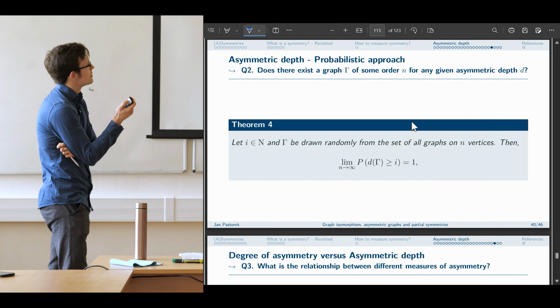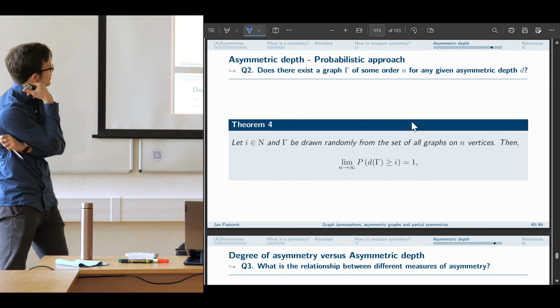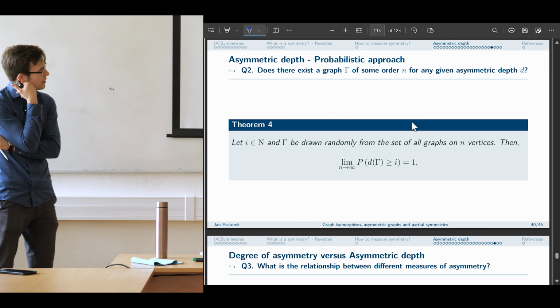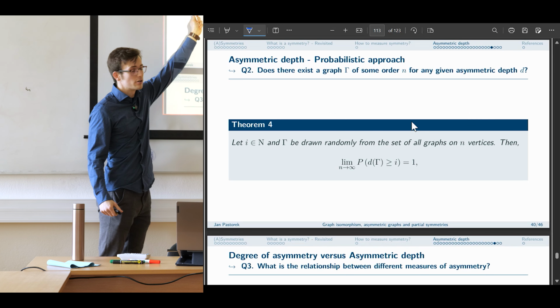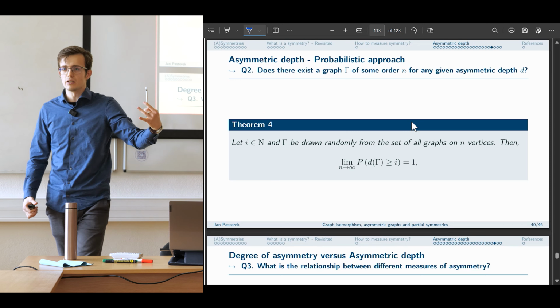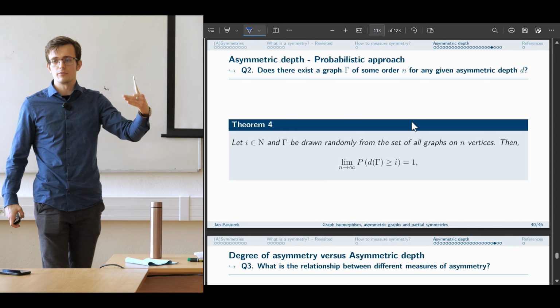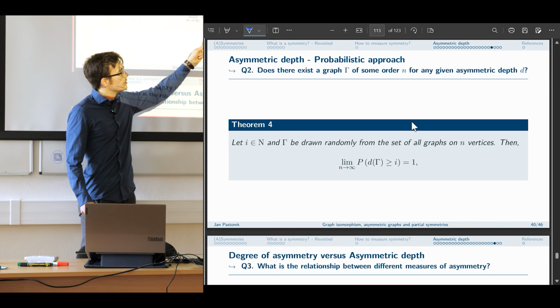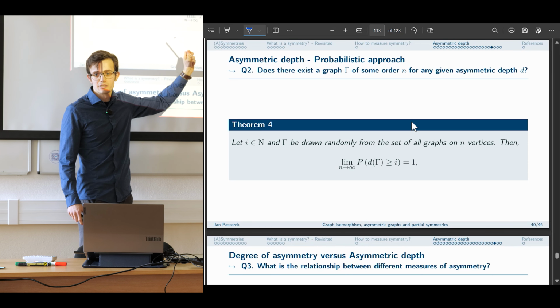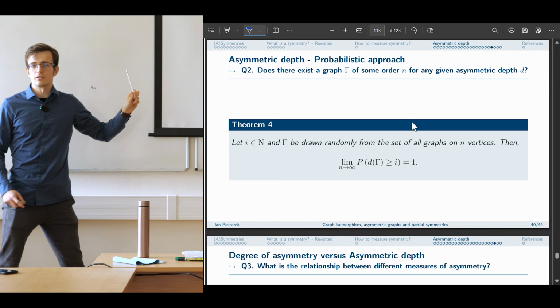All right, so then you can take a probabilistic approach and ask the following. Given any integer, if I draw randomly a graph from the set of all graphs on n vertices, the question is, can I find the graph? And it turns out that you can do that almost surely.